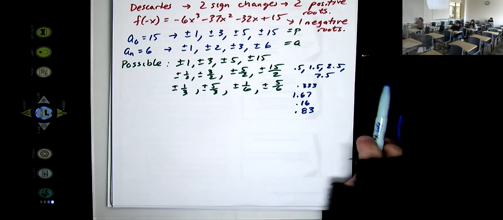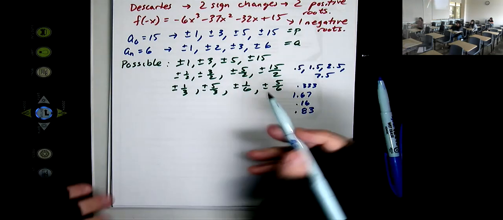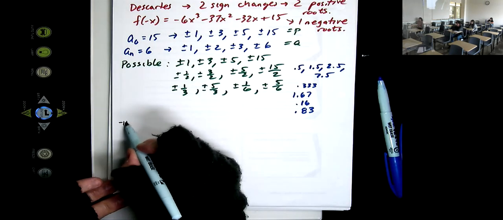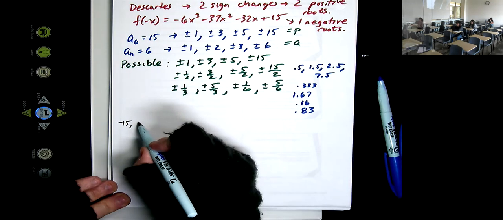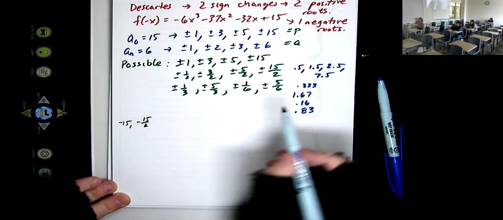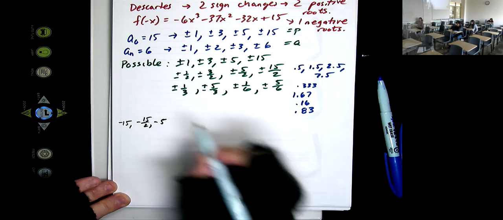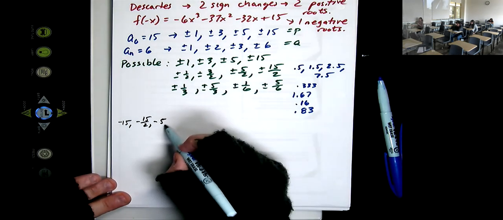So if I'm arranging them as negative numbers, I'll start with my big dog, my -15. Then I've got -7.5 next, which is my 15/2. Then I've got the 5. Then I've got the 3.